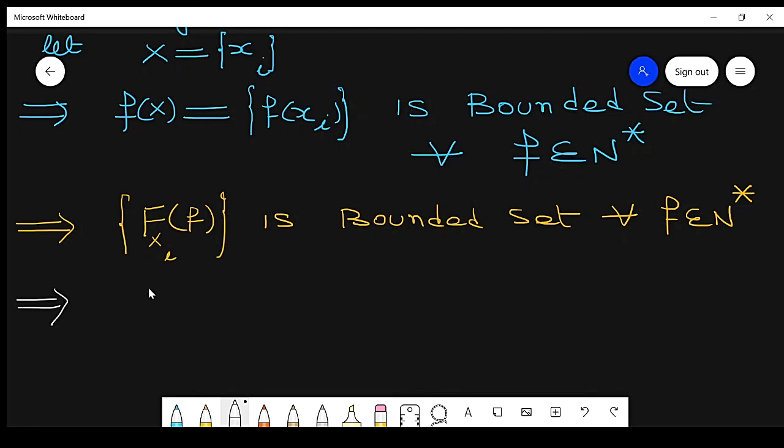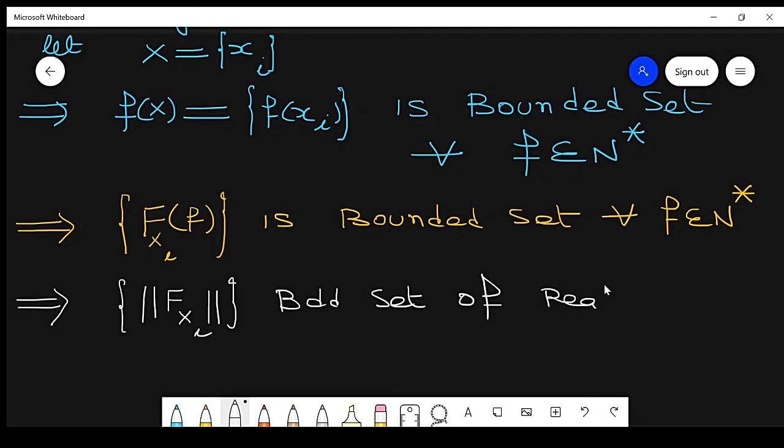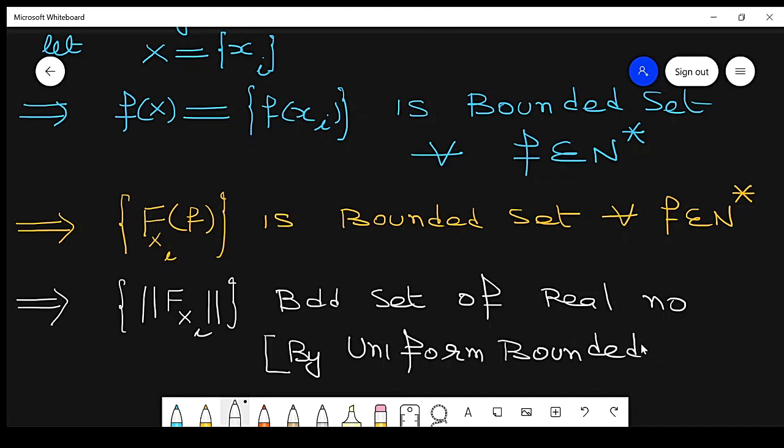So by the uniform boundedness principle, the norm of x_i hat is a bounded set of real numbers.